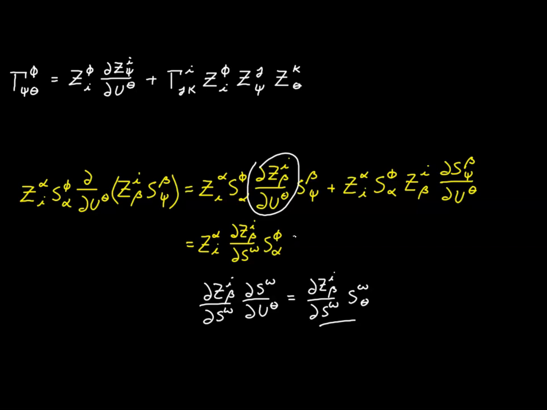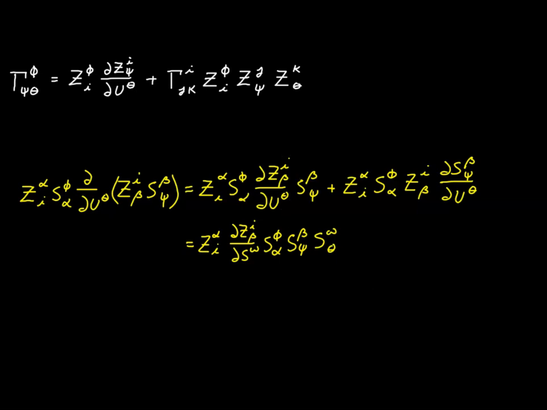Then we'll put s beta psi. And finally, this new shift tensor factor here, s omega theta. Okay, so don't let me lose you here. All we're doing is this factor and this factor combined are the same as this one. So that's all we've done right here.